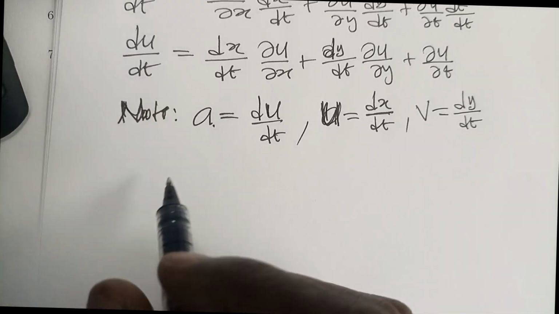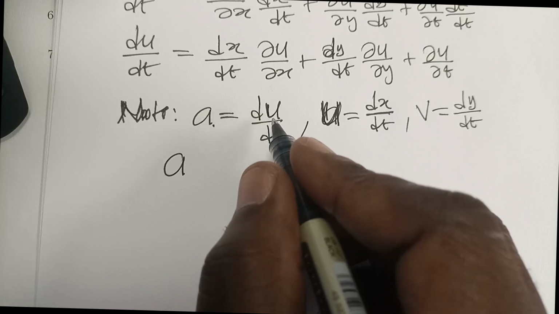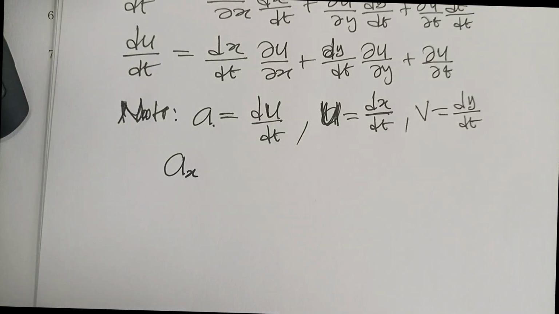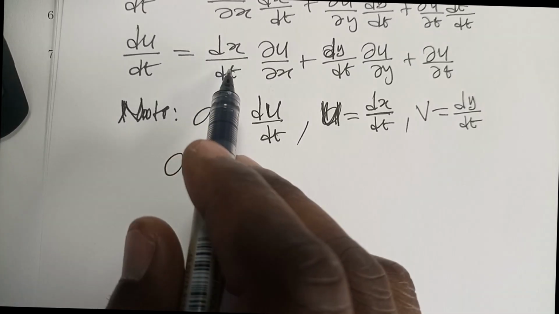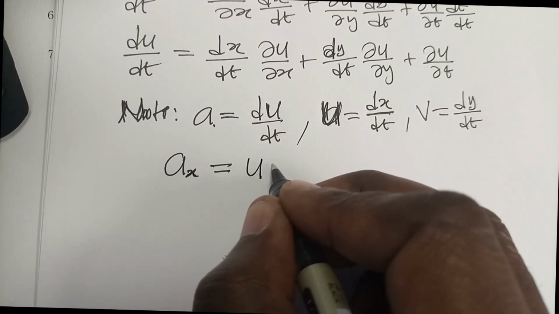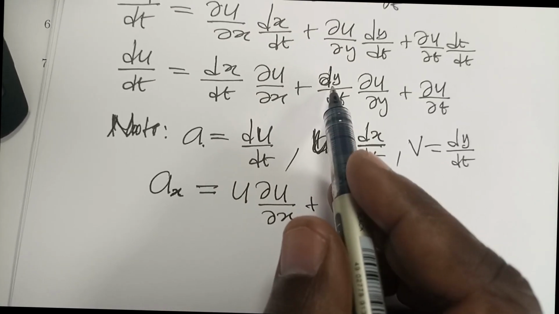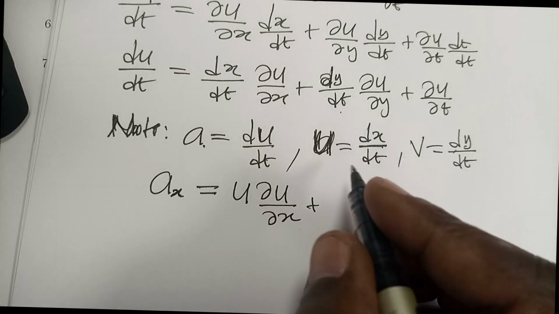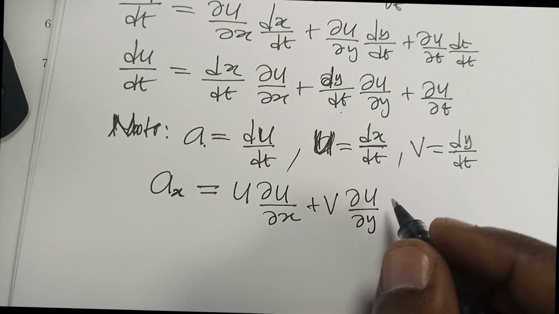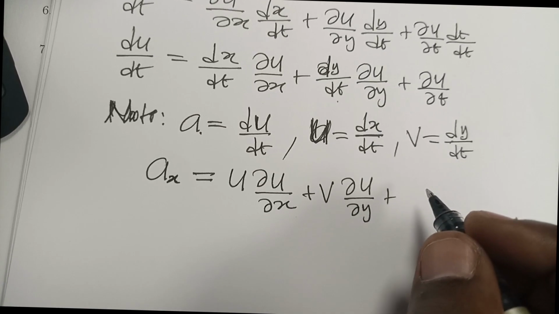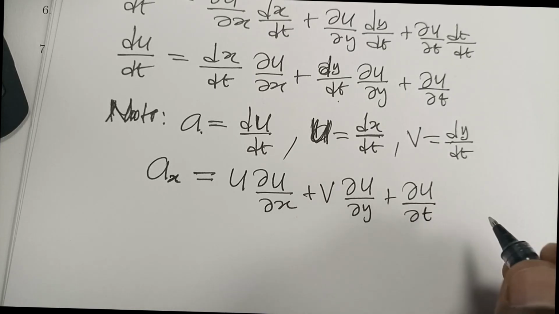So substituting these there, remember this is the velocity along the x-axis. So the acceleration along the x-axis will be given by: this dx/dt is u, times the partial derivative of u with respect to x, plus this dy/dt is v, so v times the partial derivative of u with respect to y, plus the partial derivative of u with respect to t.